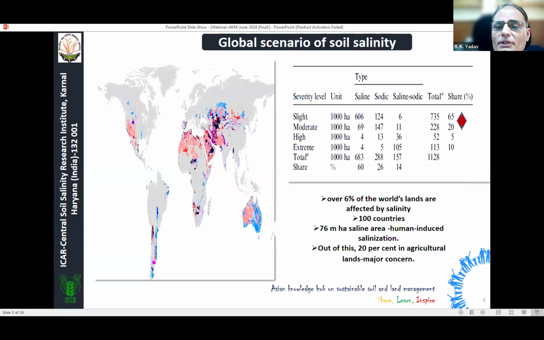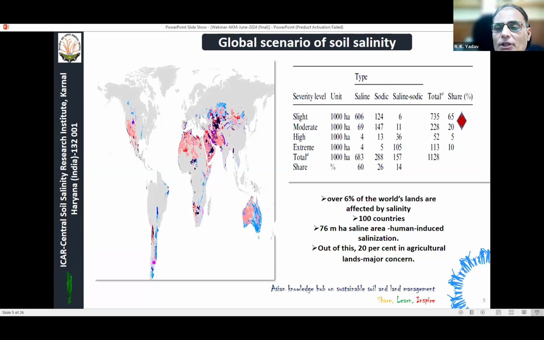And the big problem is that 76 million hectare saline area is due to human induced salinizations, and that too in the areas where the lands are very fertile and cultivable. And out of this, 20% is in agriculture land concerns.